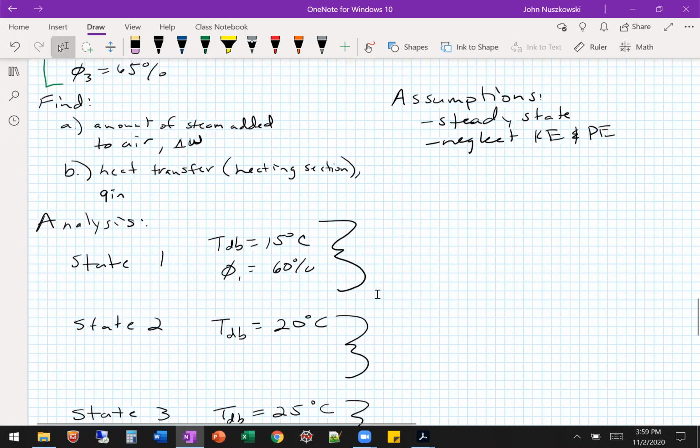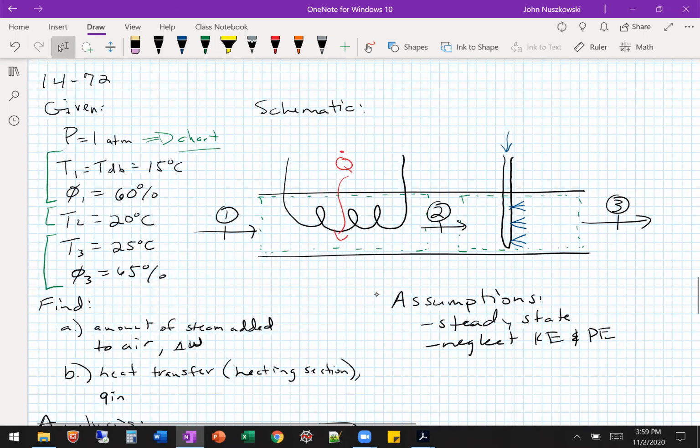Because it's moist air at 1, there's some water vapor there.